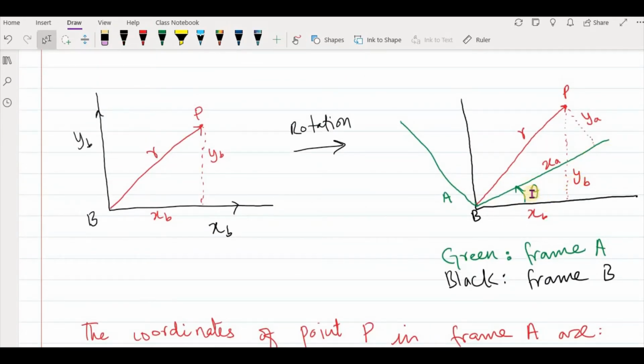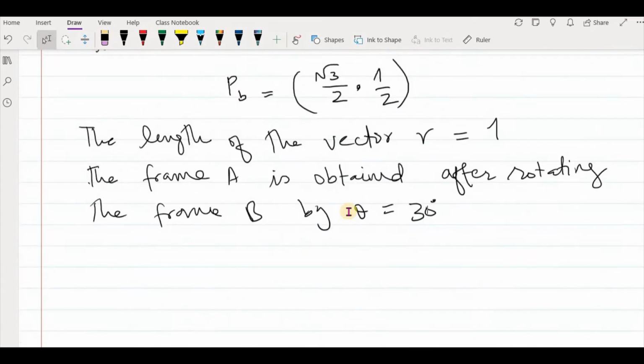So we rotated the frame B and we get a new frame which is frame A, and the angle is 30 degrees.